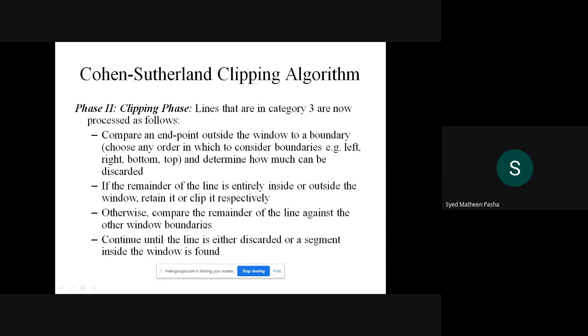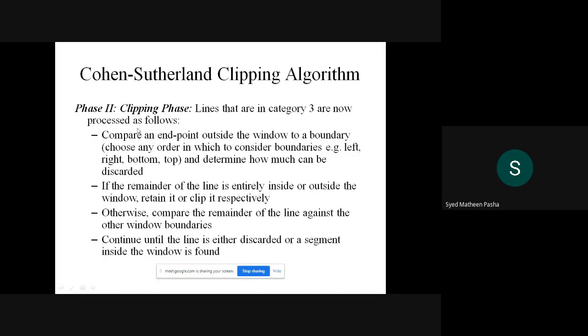Basically, the regions you define in the window play an important role. You should check in which region the particular line lies. After that, you will continue clipping until the line is either discarded or a line segment inside that particular window is found. So these are some of the key points you need to remember.